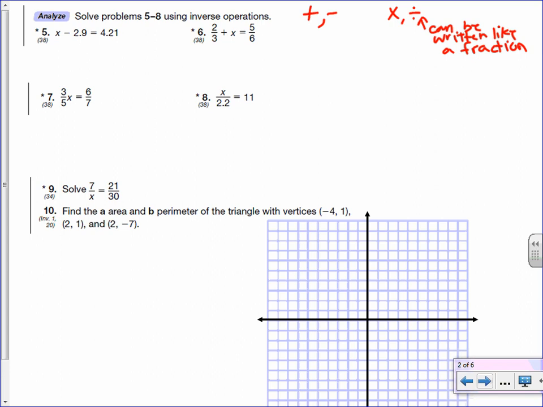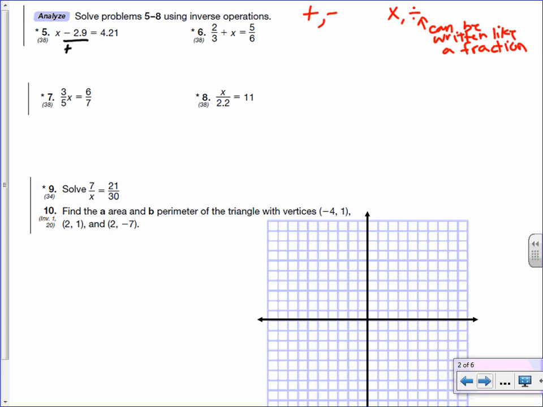So in number 5, we have x minus 2.9. So right now, what we always want to do to solve an equation is get the variable all by itself. So right now on the same side of x is this 2.9. And 2.9 right now is being subtracted. So we need to do the opposite of that, which is add.